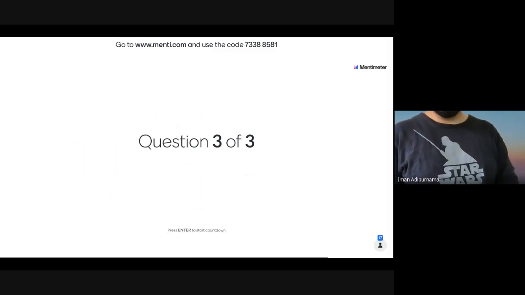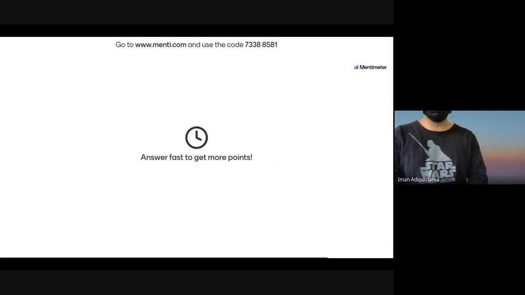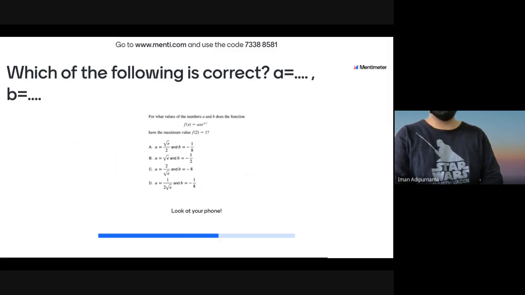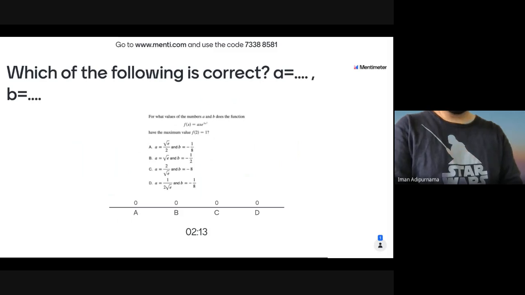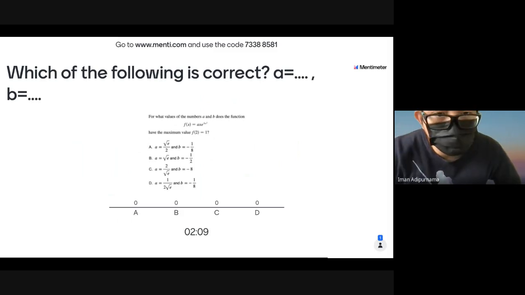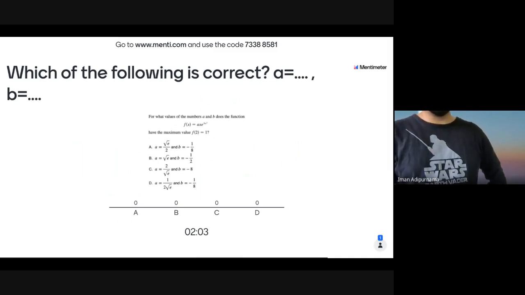Okay, question 3. Start 3, 2, 1. Yeah, around 2 minutes, I think. Yeah, I think a little bit of calculation, not really that long a calculation.